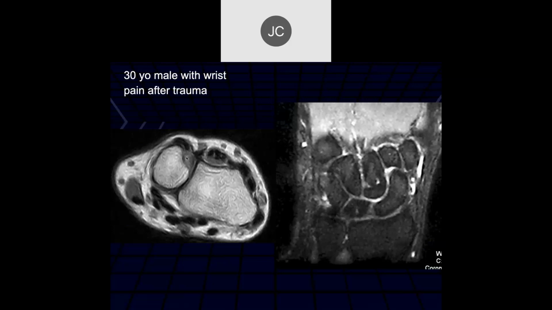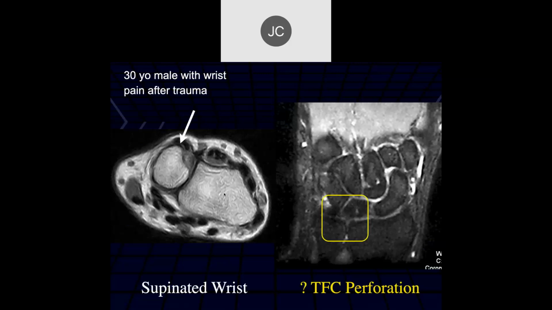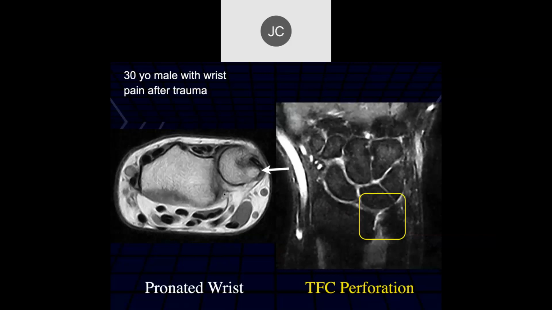We can see that there is instability of the ECU here in the sixth extensor compartment. So I'd be a little bit concerned about what I see here if we're imaging someone in a supinated position. Is there a perforation here? So we brought this patient back and imaged them in a pronated position. What do you think in the pronated position? Still looks like there's a defect there.